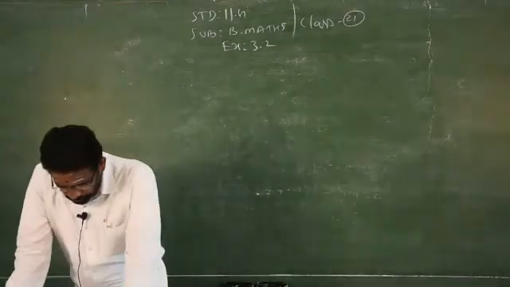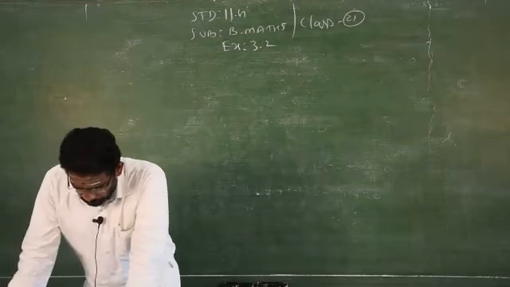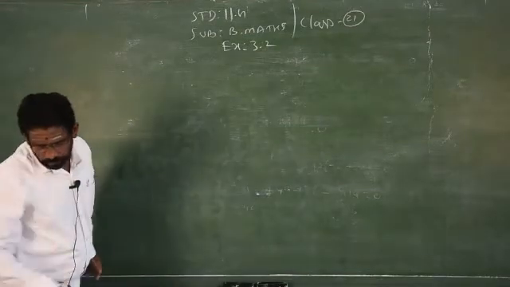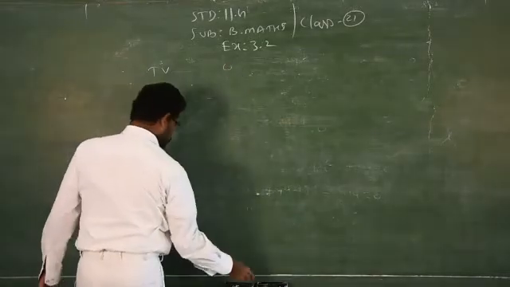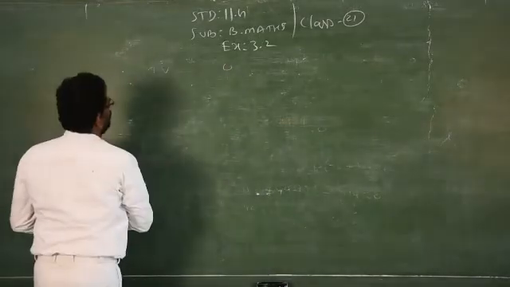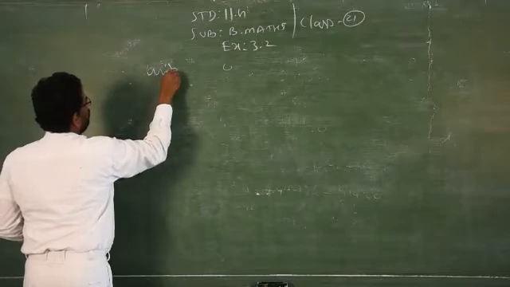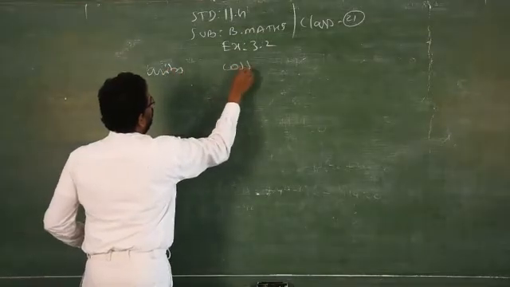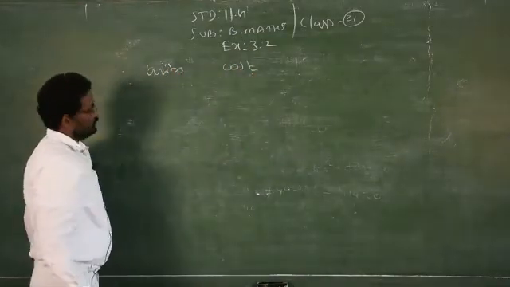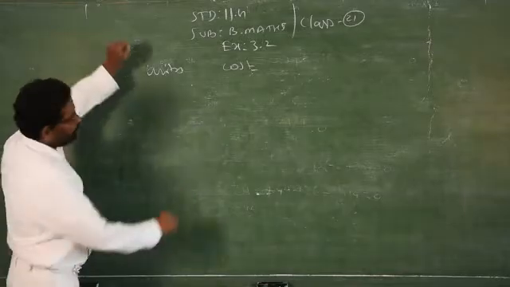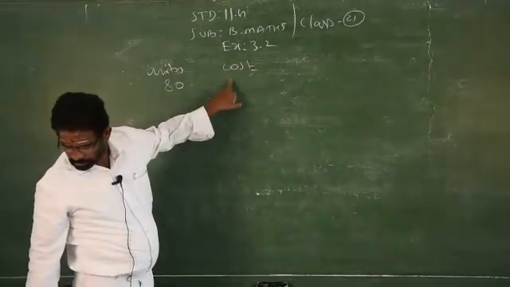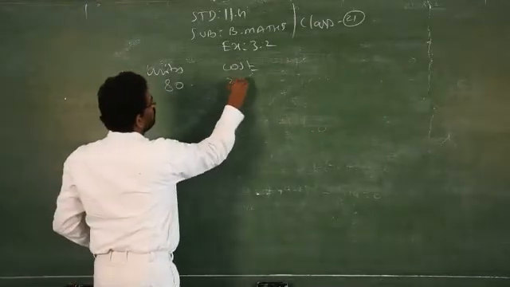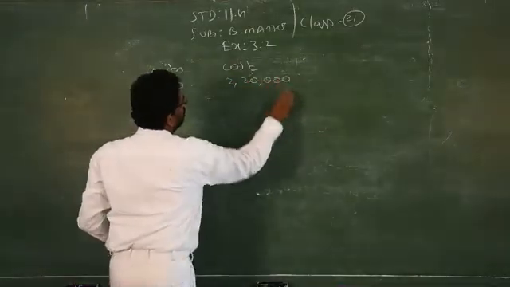So question number 5: a manufacturer produces 80 TV sets. I generally call them units, so units and cost. How many units are produced? 80 units. To produce 80 units, the cost given is 2,20,000.